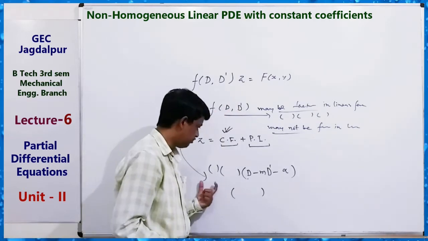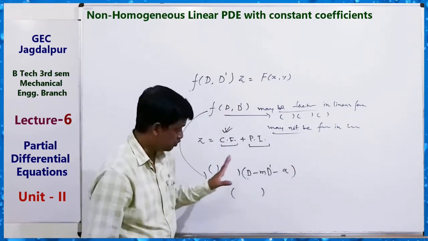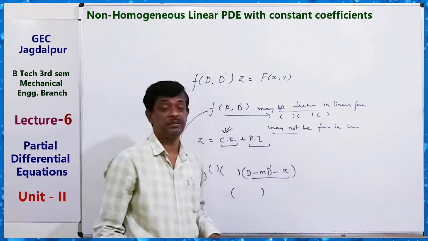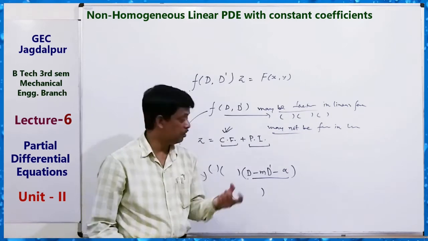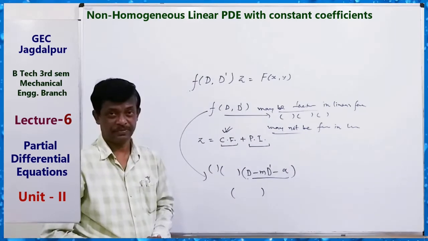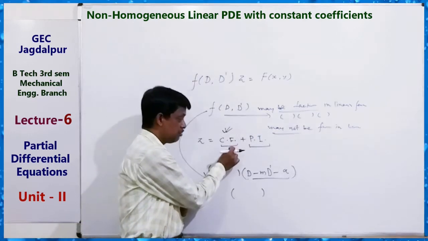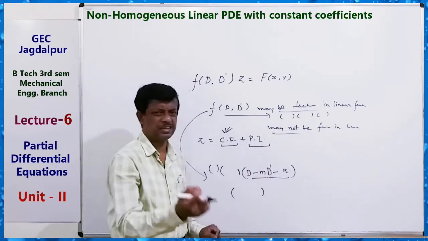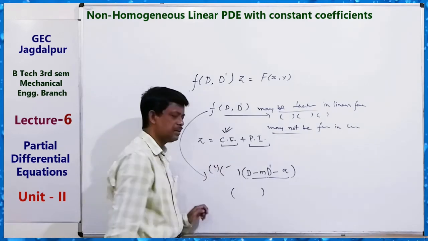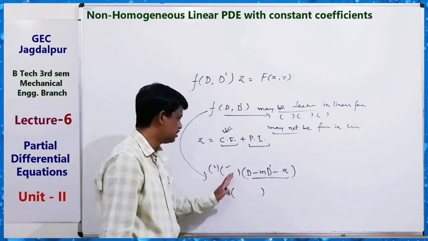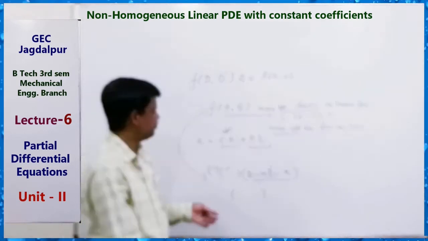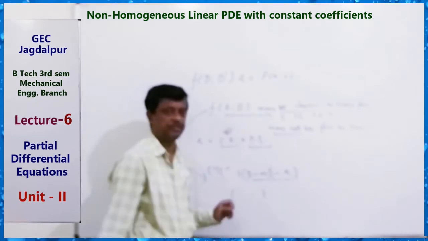Then corresponding to this factor, how can we write the part of the complementary function? That is the main thing here. We will study this. There is a simple formula, and for other linear factors you can use the usual method for finding CF.